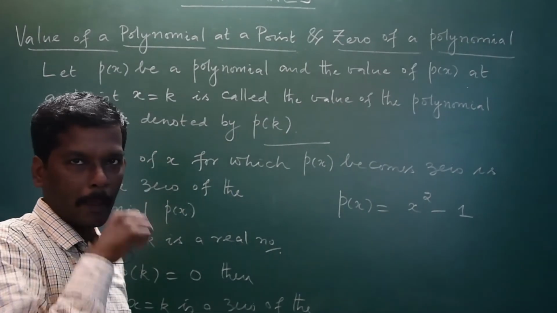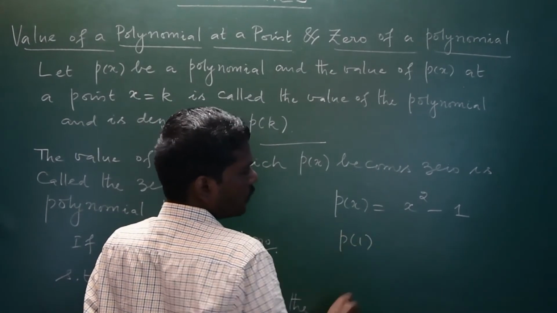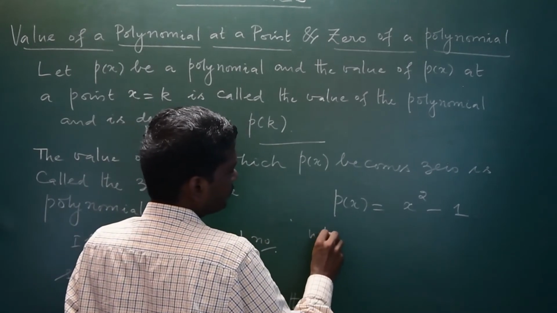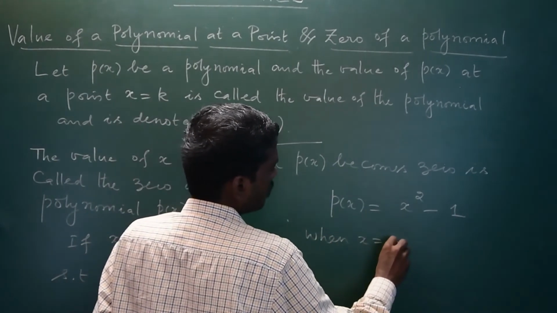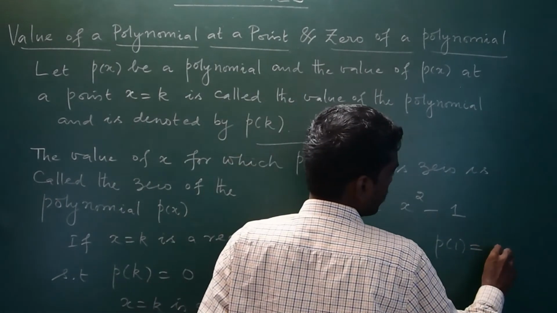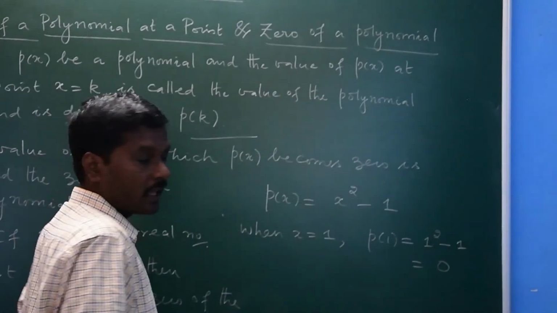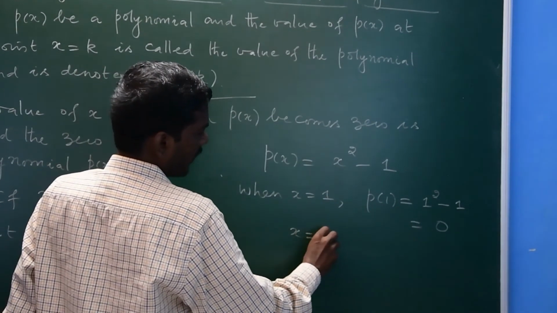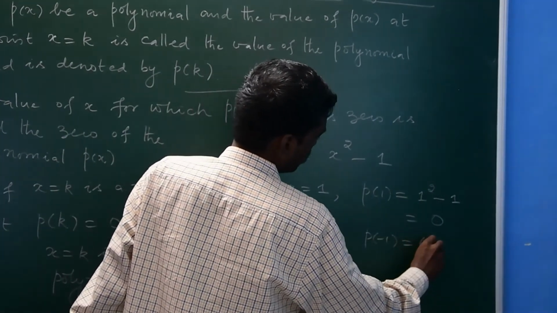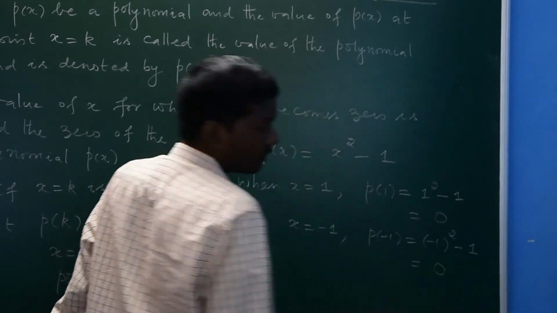What happens when x is equal to 1? P of 1 is 1 square minus 1, which is 0, right? What happens when x is equal to minus 1? So p of minus 1 is equal to minus 1 square minus 1, which is again 0.